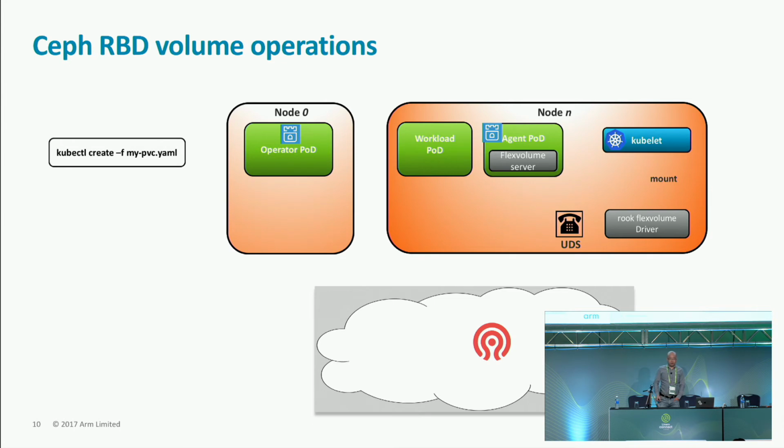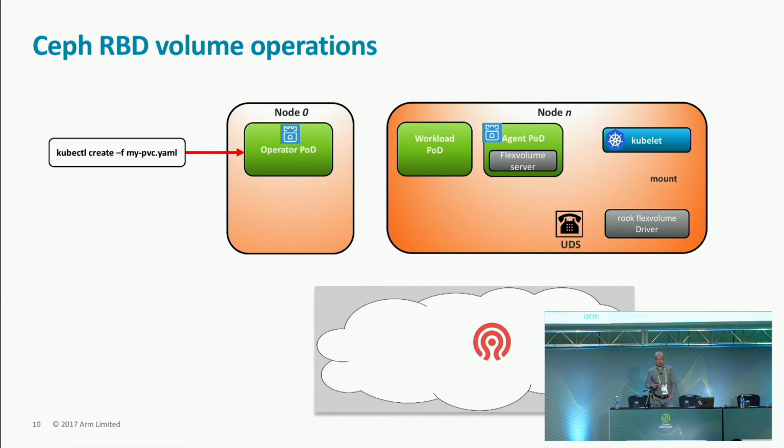First, we will create a persistent volume claim. This is the command line. It will be routed to the operator, because as we mentioned in the previous slides, the operator has a provisioning controller that watches resource changes in the Ceph cluster.